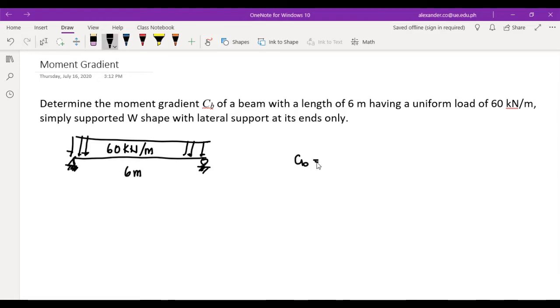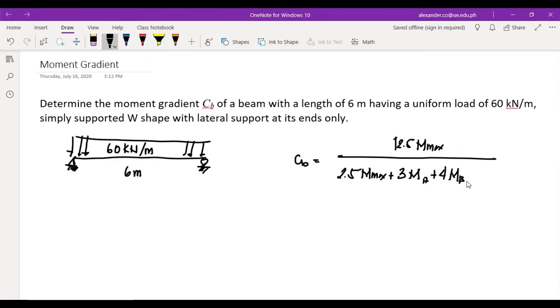So, C sub B, 6th edition ito ha, so hindi ito yung natutunan previously: 12.5 Mmax over the quantity 2.5 Mmax plus 3 times M sub A, plus 4 times M sub B, plus 3 times M sub C. The explanation is in my first video presentation, so it's separate.